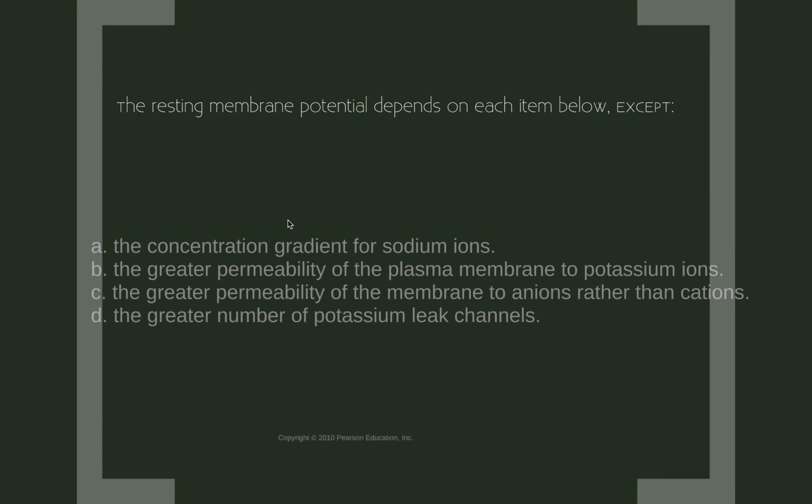Alright, the resting membrane potential depends on which option below except. The concentration gradient for sodium ions is needed. The permeability of the plasma membrane to potassium ions is needed. The permeability of the membrane to anions rather than cations is not true, so that's the answer.